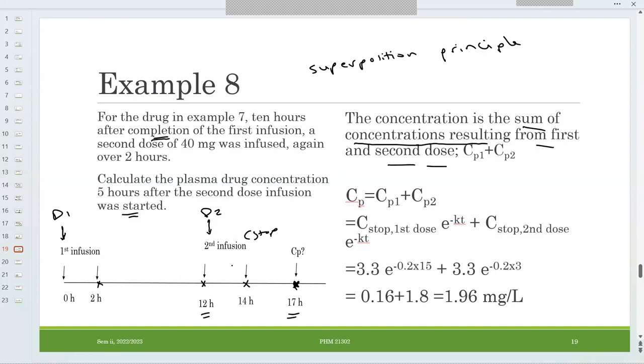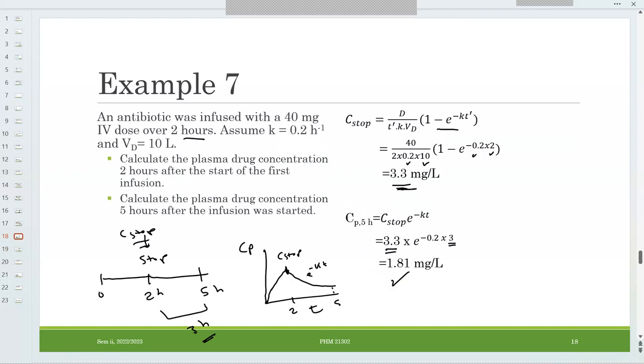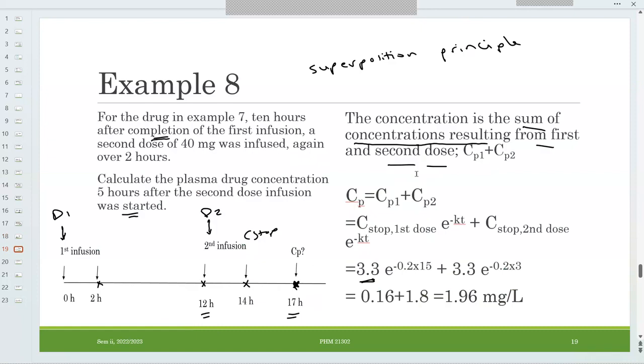How much will the C stop be? It will give the same value as was calculated in the previous example. You apply the same equation: C stop equals the dose divided by the infusion time, K V D, times this fraction. Both infusions have the same dose, 40 milligram, the same infusion time of 2 hours, and the same K V D. So both of them will give the same result if given alone, independently.